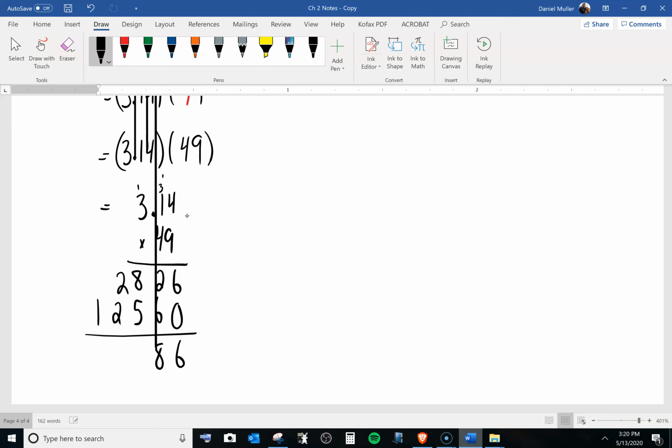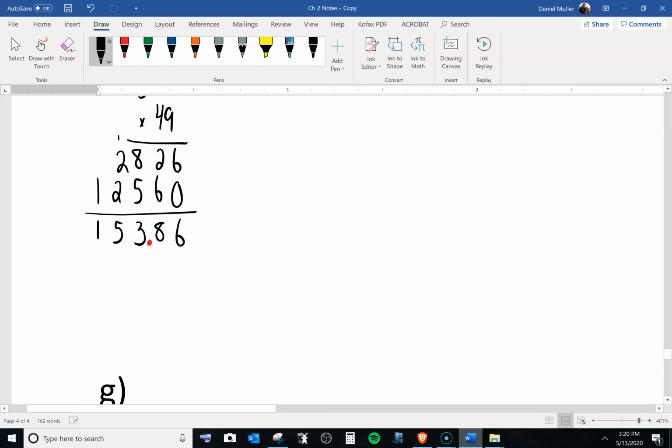Yeah, 6 plus 2 is indeed 8. Then I get 8 plus 5, which is going to be 13. 2 plus 2 plus 1 is 5, and then 1. And then I'm going to make sure I do a decimal place. So we get 153.86.